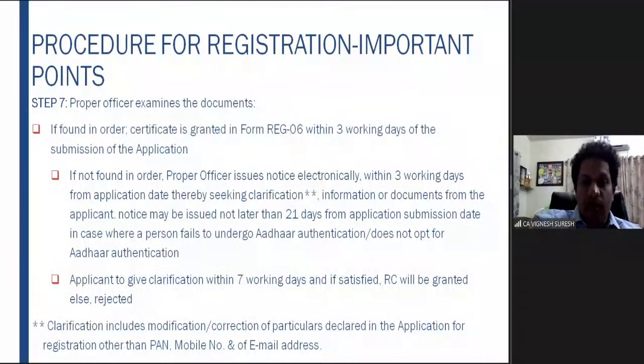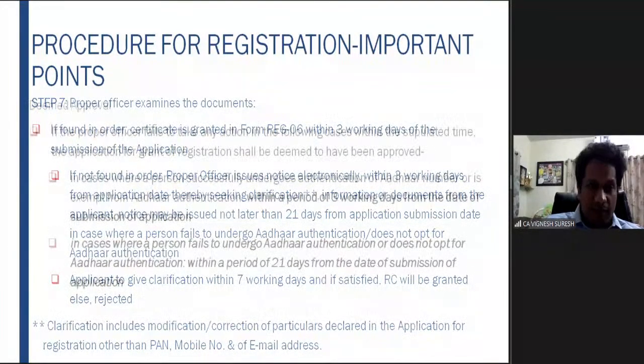If satisfied, the registration certificate will be granted, else it will be rejected. So this is the timeline within which the procedure for registration is required. Clarification can be anything: modification of particulars, some wrong entry, some wrong mobile number, it can be anything. The clarifications can be asked for that.